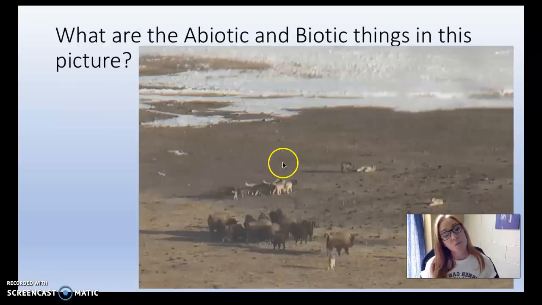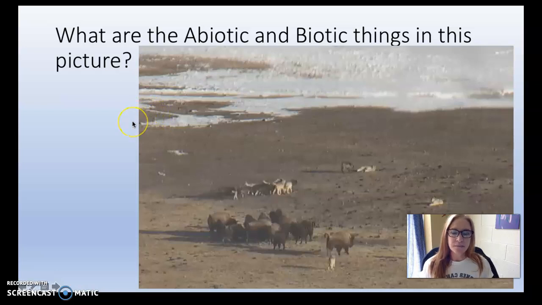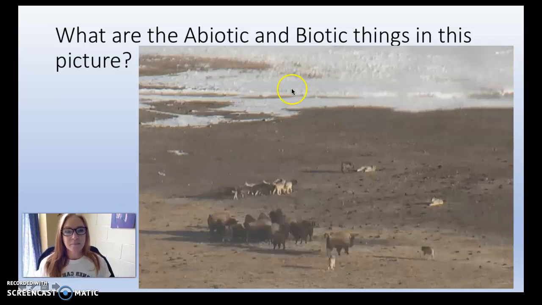Okay, so I hope you saw some really interesting things while you were outside. I hope you saw some birds. Birds are migrating right now, so hopefully you saw some. I hope you saw some plants. What else might you have seen that were biotic and abiotic? So this picture right here is a picture taken from a wildlife camera in Yellowstone National Park.